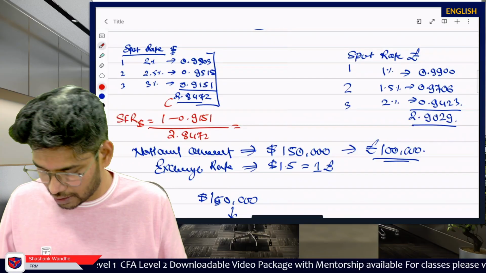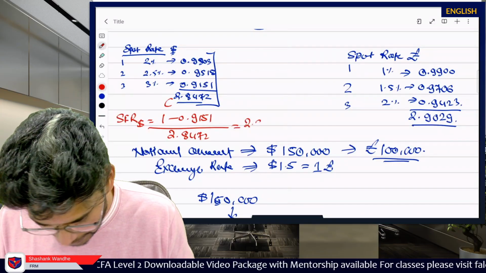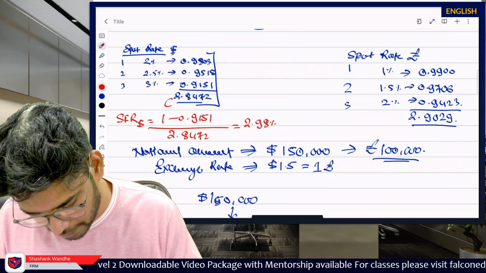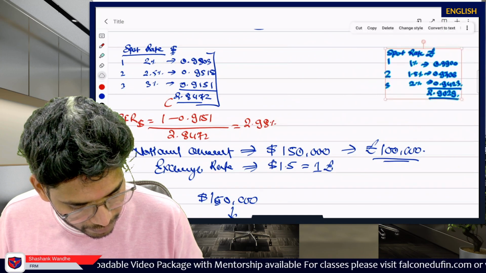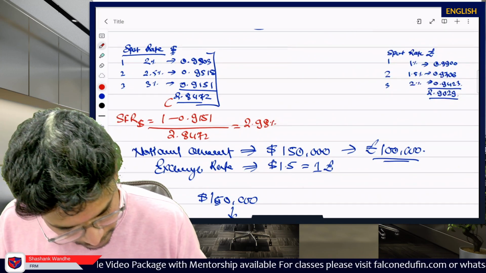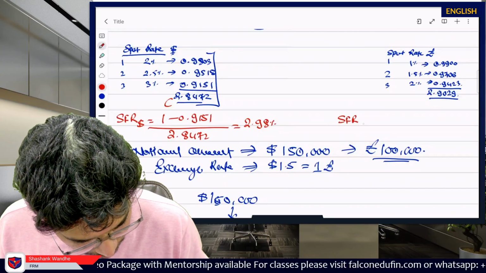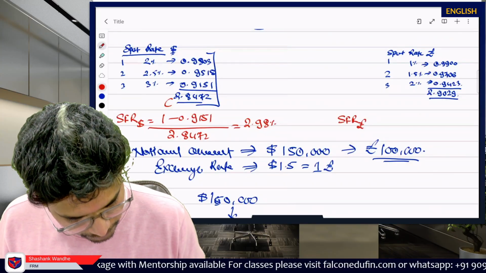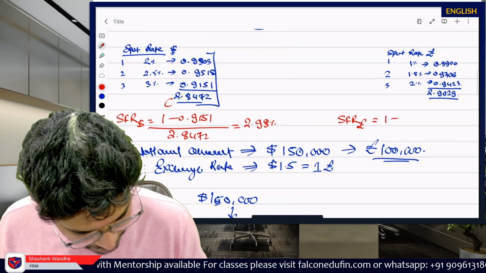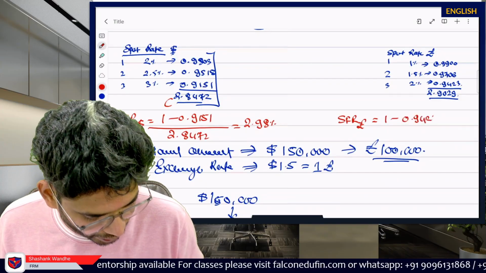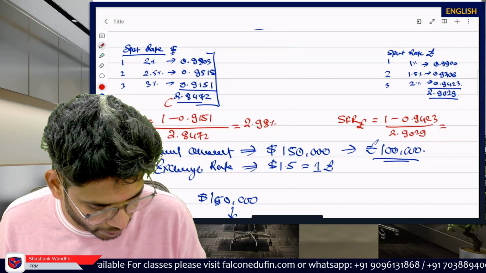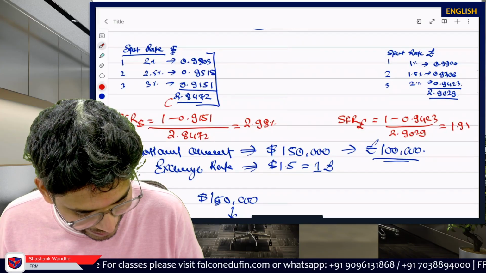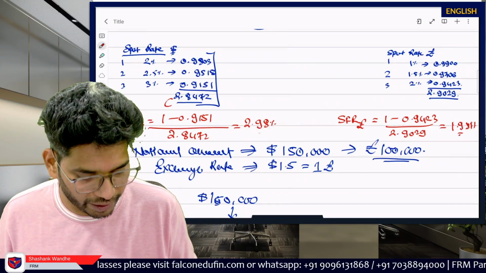If you solve this, the answer is 2.98% for this particular part, and for this particular part it is SFR pounds equal to 1 minus 0.9423 divided by 2.9029, which is equal to 1.987%. So we got the two rates.